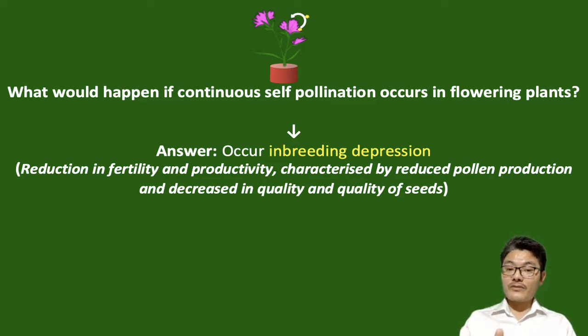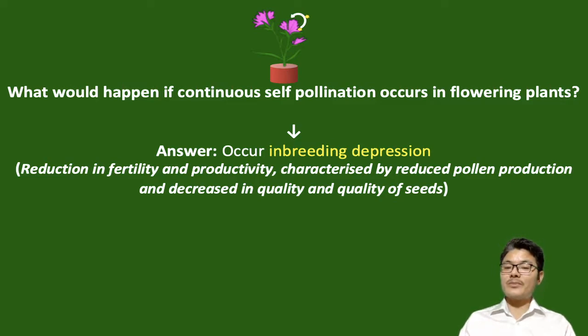When it comes to pollination, we can see that there is reduction in pollen production. If there is reduction in pollen production, then gradually there is decrease in production of seeds, and the seeds which are produced are of low quality and the quantity of seeds produced will be low.